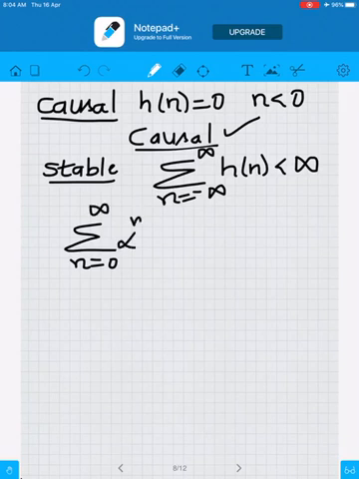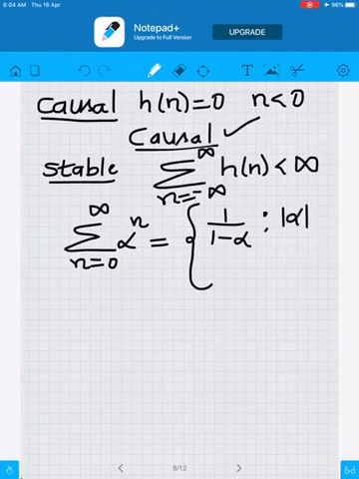Here we can clearly say that this will be equal to 1 by 1 minus alpha, provided the magnitude of alpha is less than 1. That is, it will converge to a value of 1 by 1 minus alpha if the magnitude of alpha is less than 1.